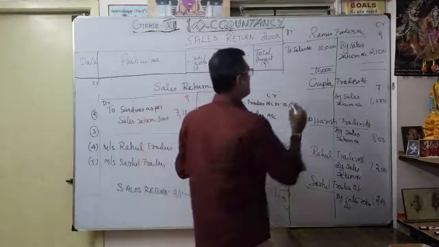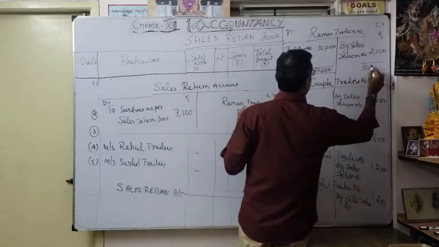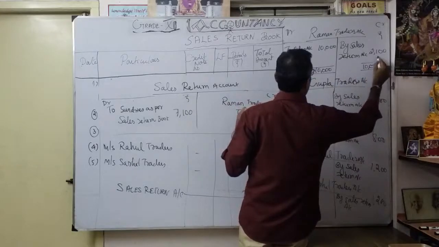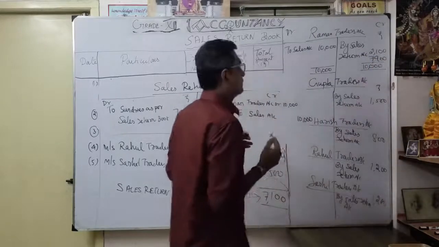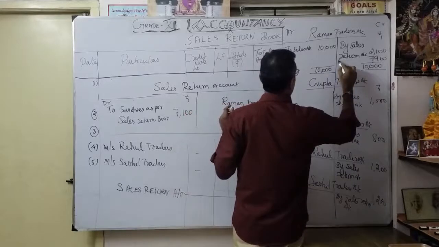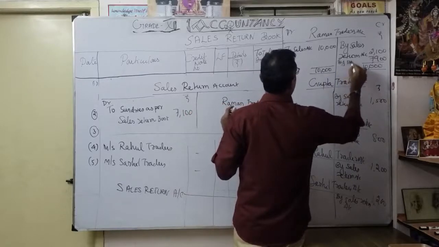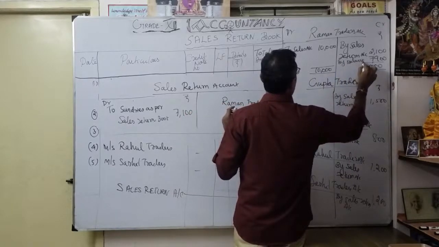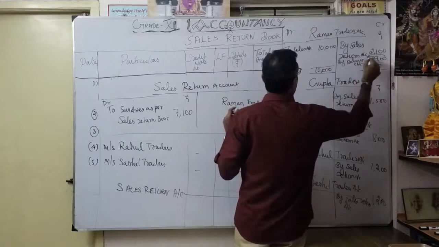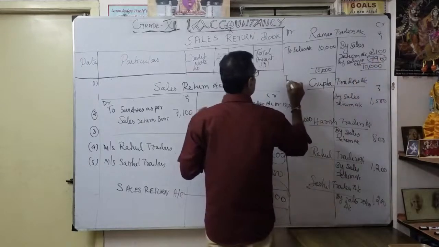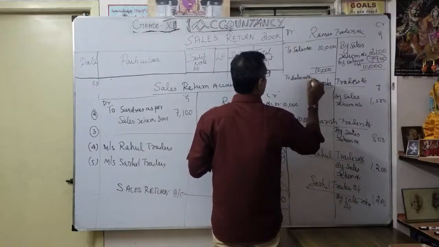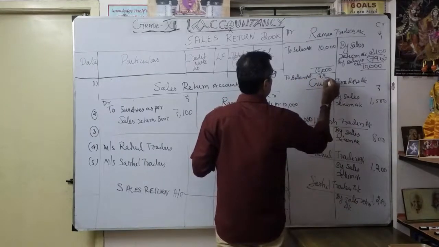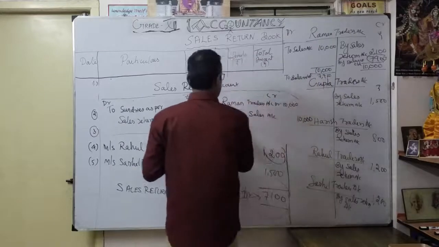How do you know? You credit the sales return account. Now what is the balance here? Correct, 7,900. That is by balance carried down, 7,900. Then you can carry it over as balance brought down, 7,900. Now understood for this transaction.